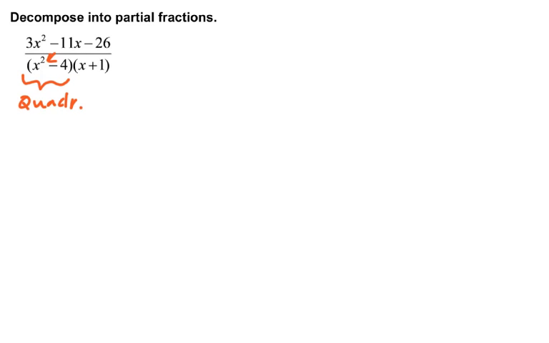And we know it's quadratic because of the x squared. So before we can do anything to work on this problem, we need to make sure that we have that rational expression we're starting with factored into linear factors. So x squared minus 4 is a difference of squares.